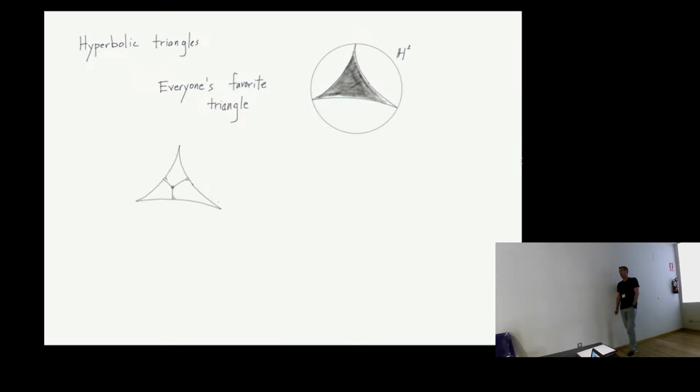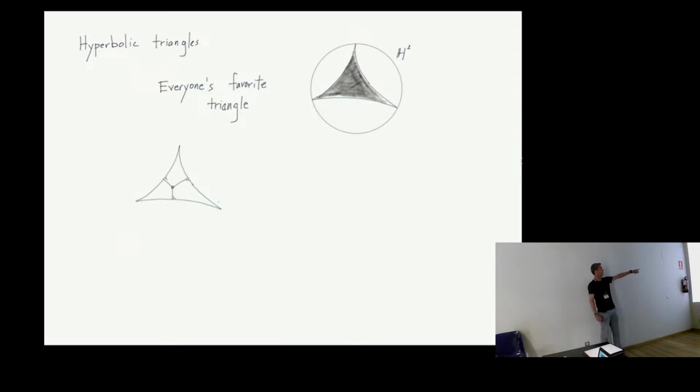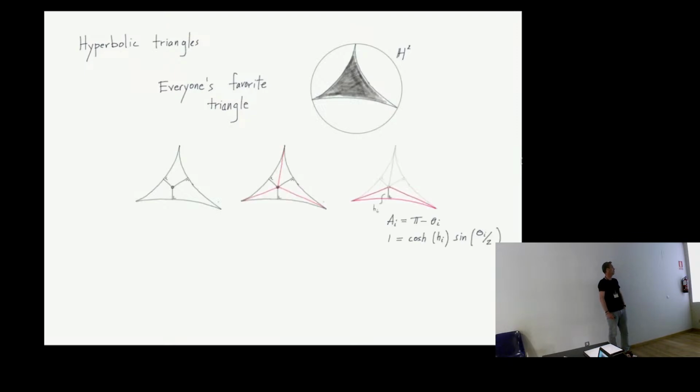You can take any point in the triangle, and you look at the shortest paths to the boundaries. These are the first instance of something we'll see more generally, which are orthogeodesics. So you look at these three paths, and then you ask a similar question.